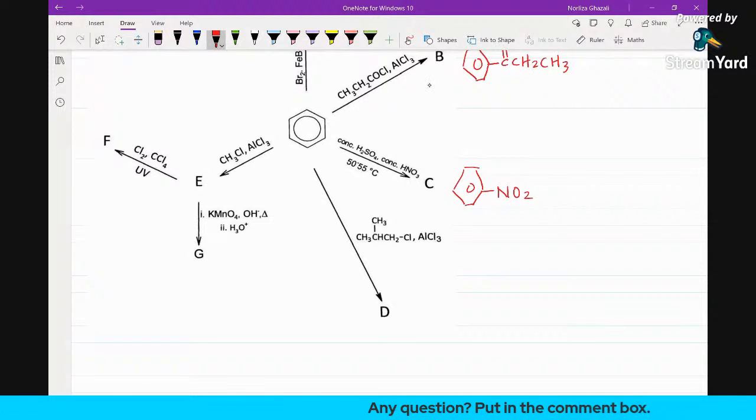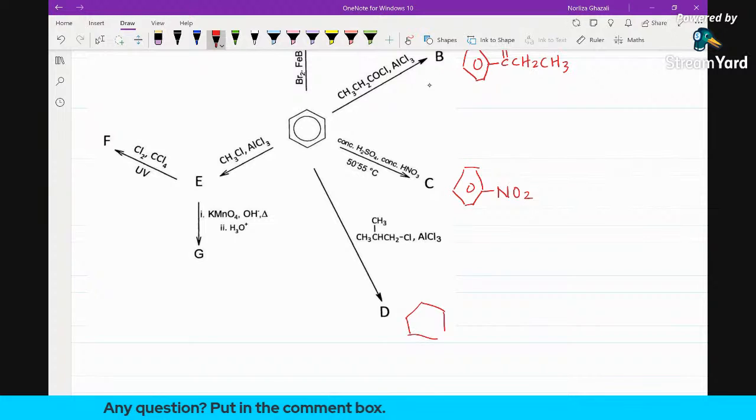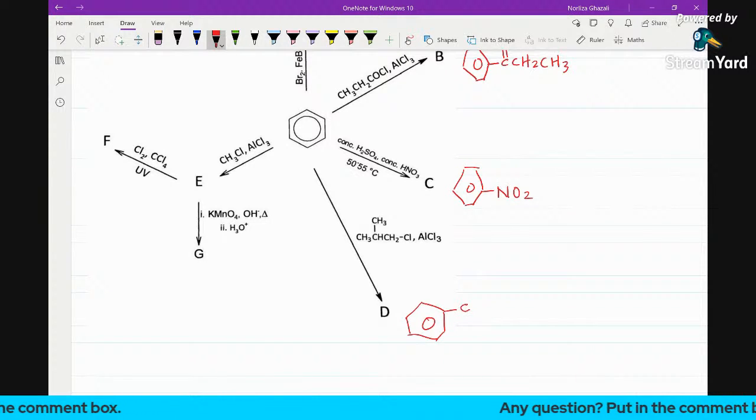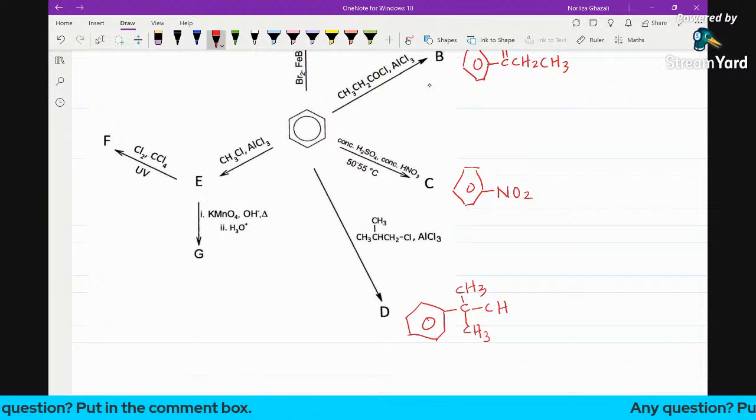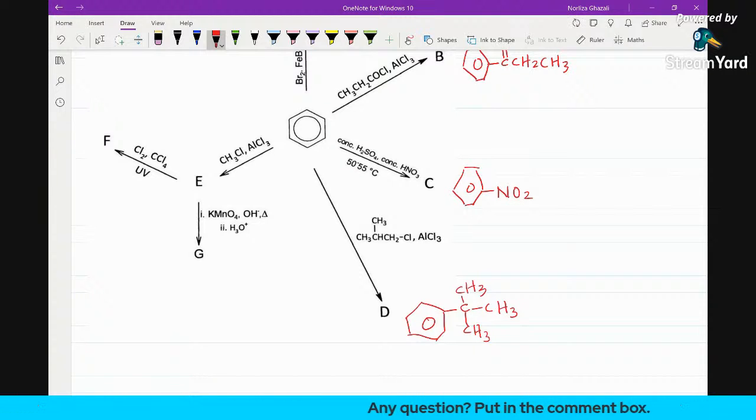So the product of D will be C, CH3, CH3, CH3 after rearrangement. It can do rearrangement. So this is the answer for D.